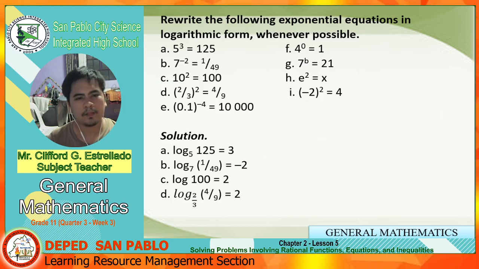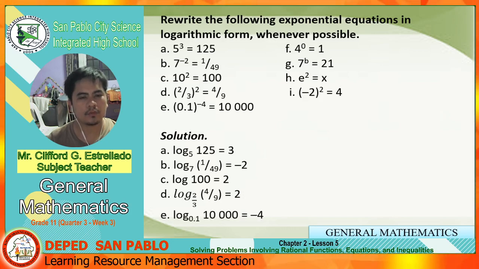In letter E, we have logarithm of 10,000 with the base of 0.1 is equal to negative 4. Letter F, 4 raised to 0 power is equal to 1. So we have logarithm of 1 with the base of 4 is equal to 0.